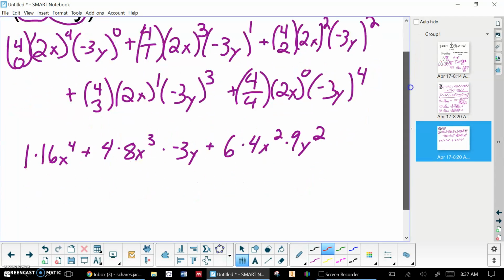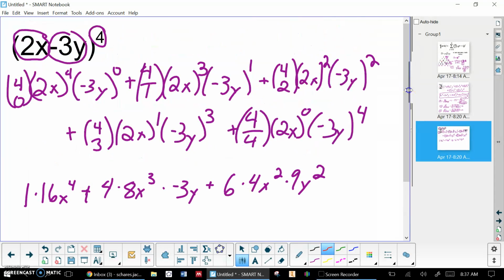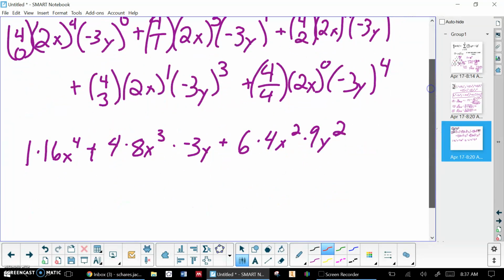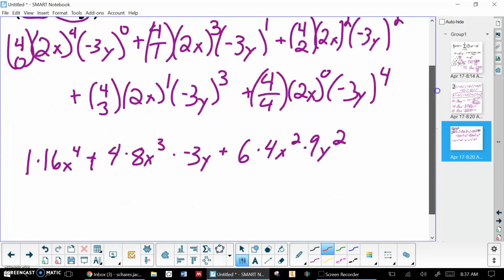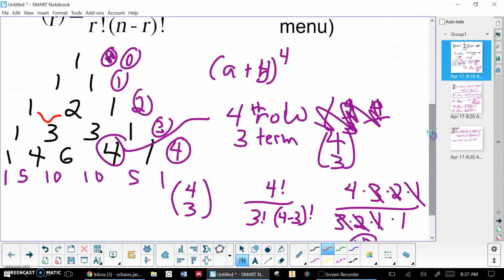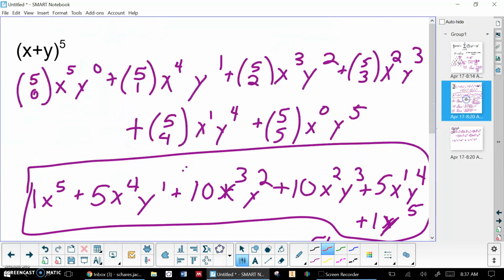Then we'll jump down, start the new row. 4 choose 3, from Pascal's triangle, is going to be the third spot, which is 0, 1, 2, 3.